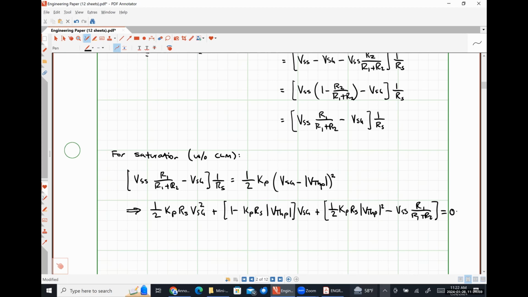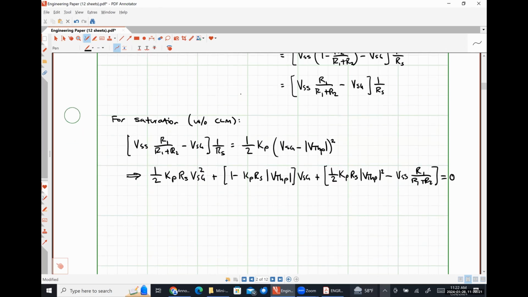We once again have a big quadratic equation that we can solve just using our quadratic formula. And as per usual, we're going to wind up throwing away one of the solutions, one of our VSG solutions, because it's not going to have the device in the correct mode.